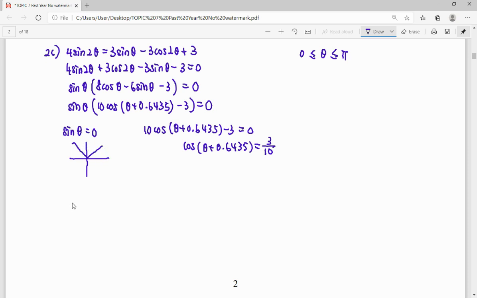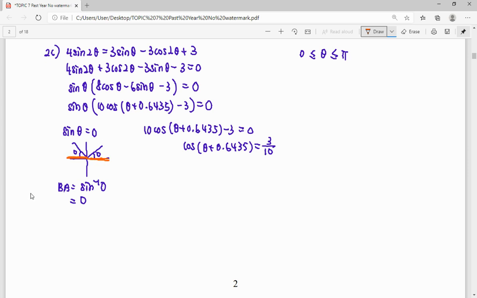Then we find the basic angle, so we shift sin inverse of 0, which gives us 0. So our basic angle here is 0, meaning no angle has been made here.